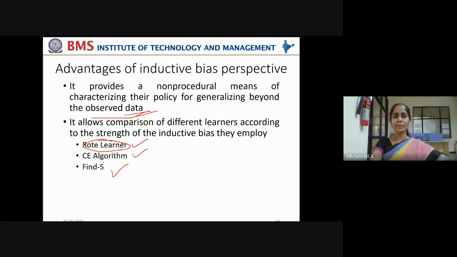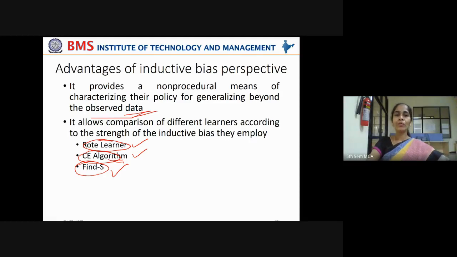Now in candidate elimination algorithm, what it does? It takes help of all the hypotheses to agree on the classification of a particular training new instance. Okay, that is done in candidate elimination algorithm. But in finders algorithm, it will take the most specific hypothesis that will apply to all the training examples.